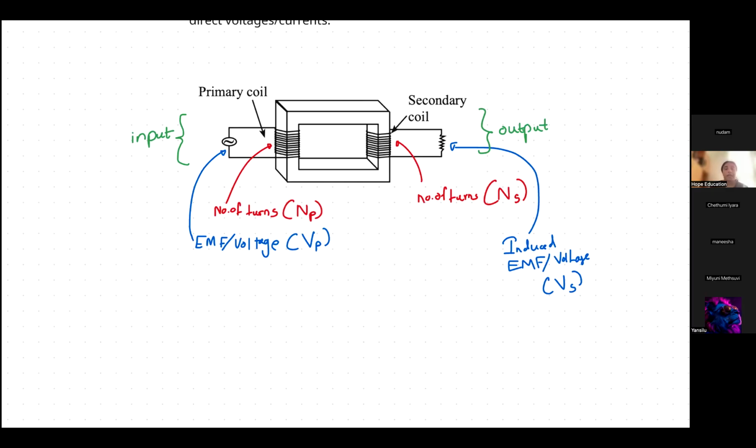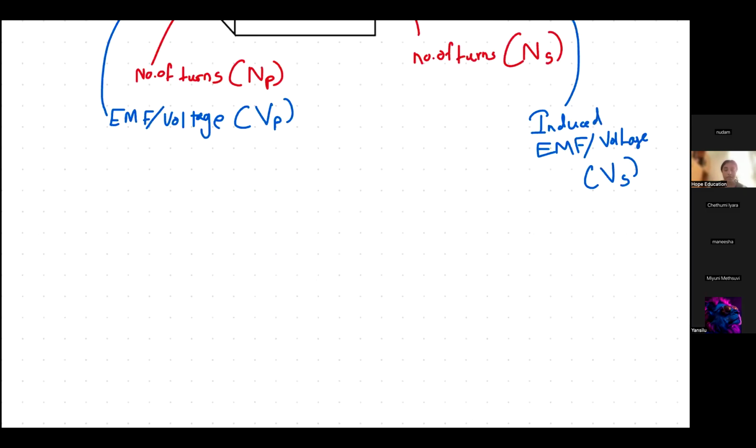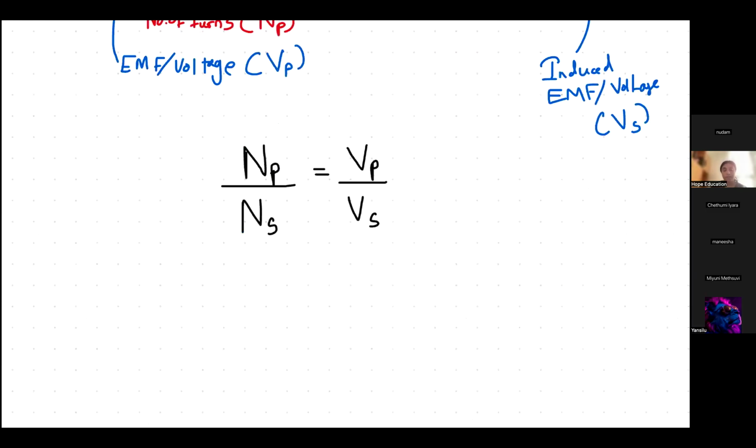Okay. Based on this we have a small equation. The number of turns in the primary coil divided by the number of turns in the secondary coil is equal to the voltage of the primary coil divided by the voltage of the secondary coil, that is NP/NS = VP/VS.